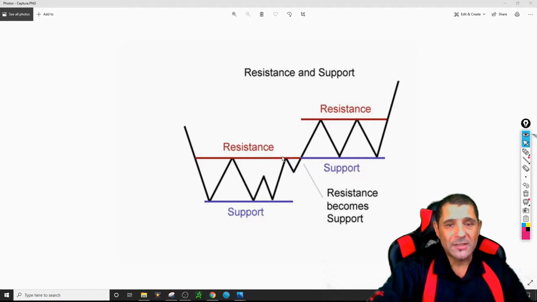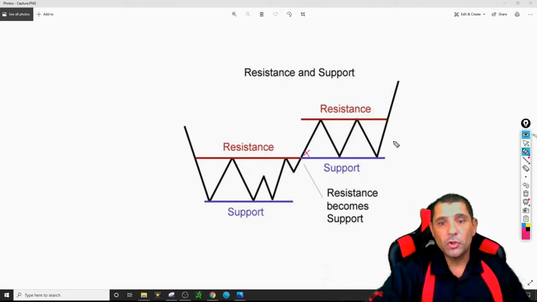Usually it goes up, can slightly come down, and then goes higher and breaks through. So if you really want to buy a stock in this situation right up here, you can buy it. Now a resistance that was there before usually becomes a support.